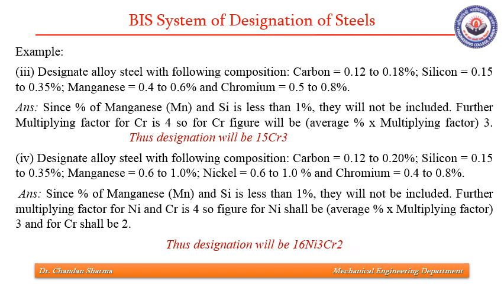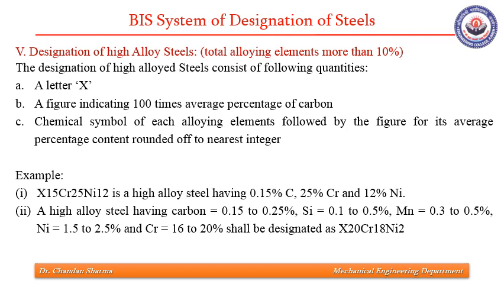So you can see that by knowing certain simple things, we can do the designation. We have seen that if the percentage of alloy elements is less than 10%, it is called low alloy steel.